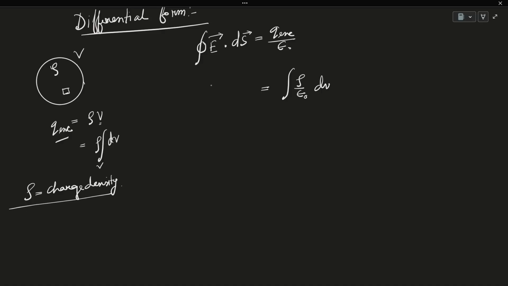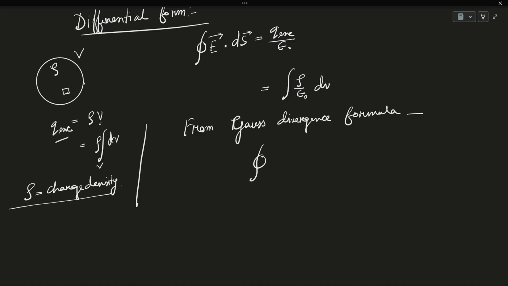And now from the Gauss divergence formula, the closed integration of E dot ds can be written as the integration of the divergence of the field vector into dV.